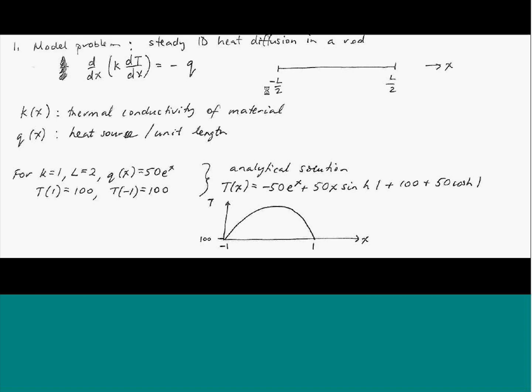So if we make this 100 on my t-axis, then the solution looks something like this, and it comes back down to 100 at the other end. Okay, so that's an analytic solution that we can compute.